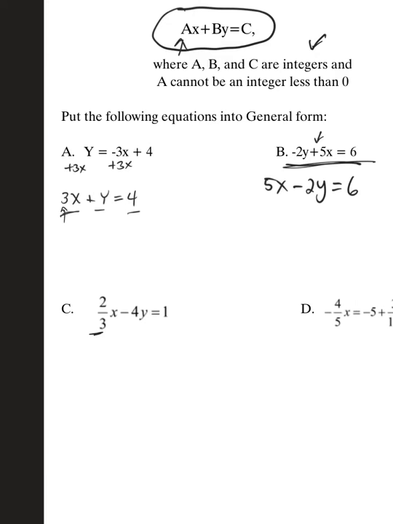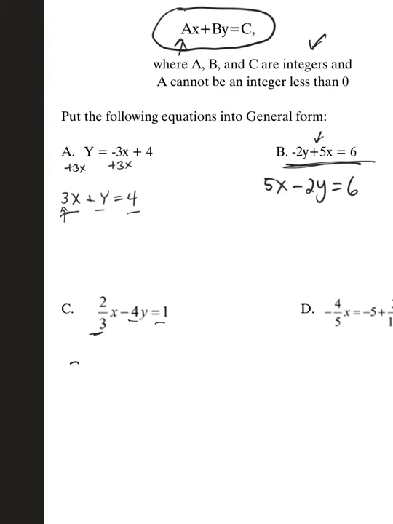Now, anytime you want to get rid of a fraction in an equation, the best way to do it is to multiply each piece by a common denominator. This is really easy to find the common denominator because the second two pieces are over 1. So the common denominator here is going to be 3.